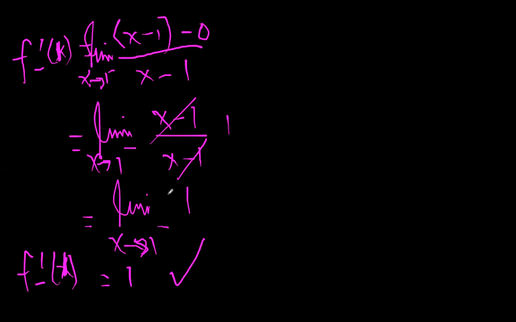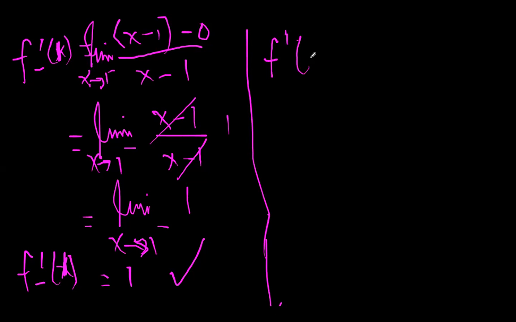So it exists, okay? And of course, we need to check that the f prime of x from the right should also exist and at the same time be equal to 1. And we're hoping for that, okay? So let's work on the second part, or the right-hand side.